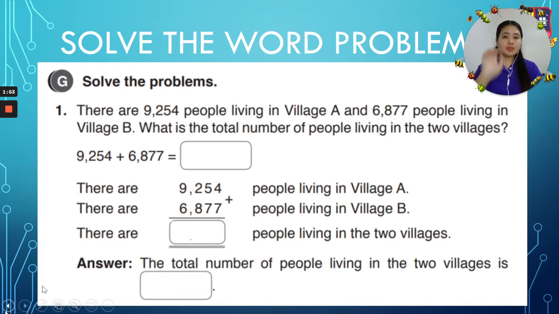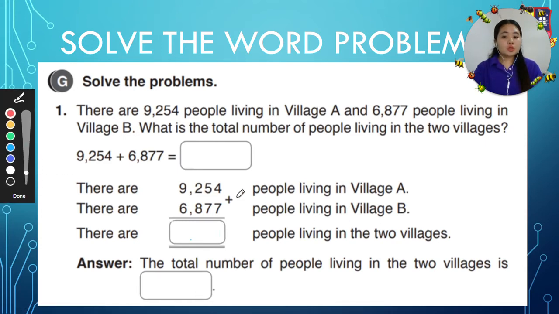Okay, let's solve. 4 plus 7, the answer is 11. So we put 1 here, we put 1 here. Then 1 plus 5 is 6, plus 7 is 13. We put 3 here, we put 1 here. Then 1 plus 2 is 3, plus 8 is 11.